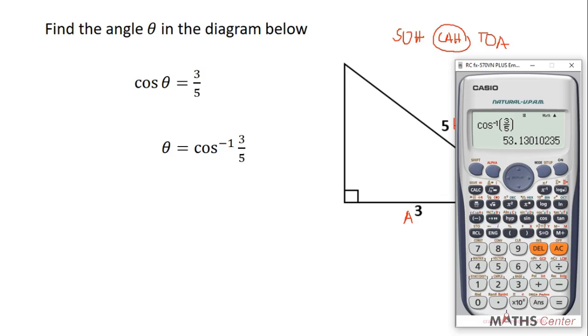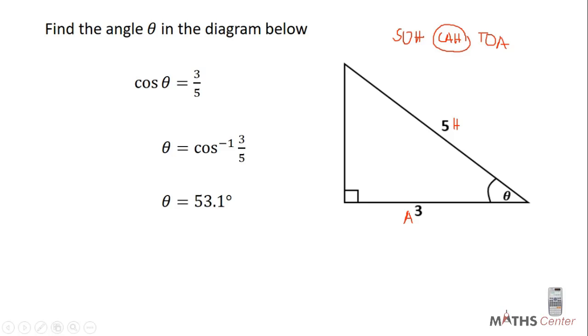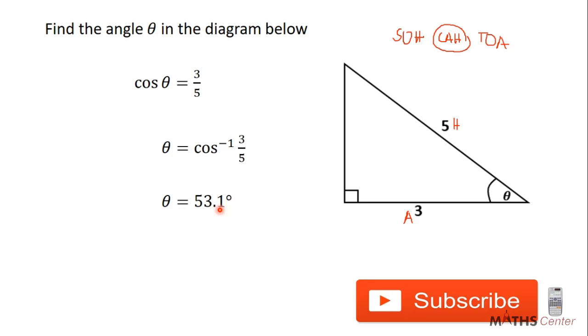So the calculator will compute the value of cos inverse of 3 over 5 for you, which is 53.130. So rounding it to one decimal place, you have 53.1 degrees. So you see that with this trig ratio also, you have been able to find the value of this acute angle in this right angle triangle to be 53.1 degrees.